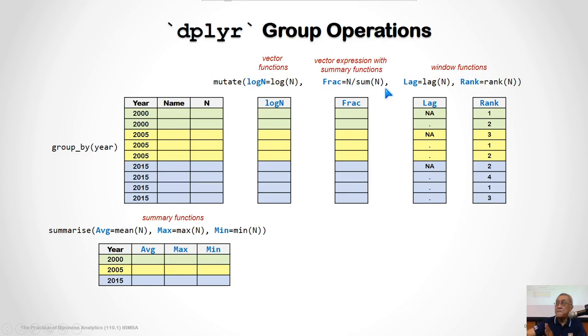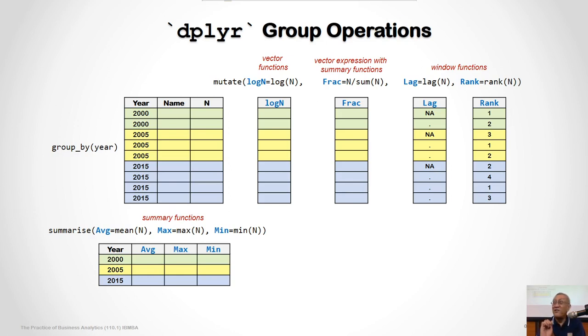When I do this group by group, the sum of n is actually the sum of year 2000, and this is the sum of 2005, and here is the sum of 2015. This is the major reason that you want to do group mutate.